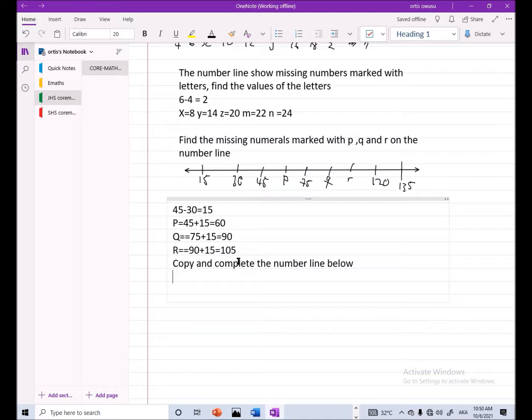Just do it right now, and let me have the solutions. Just send the solution through our WhatsApp or our Telegram page. Okay, just send them. I'm waiting to mark you.